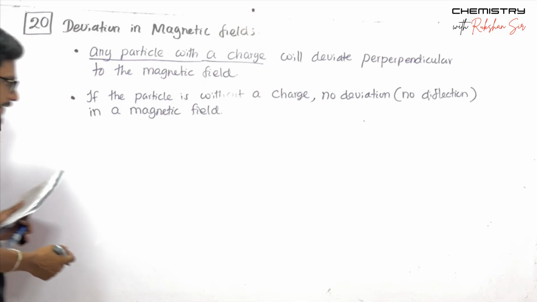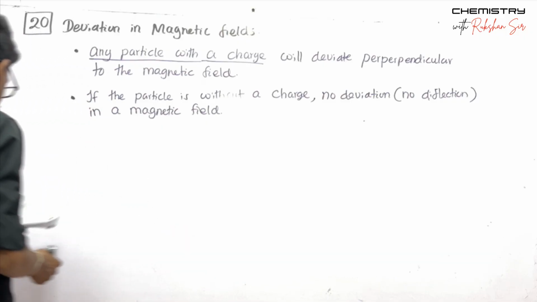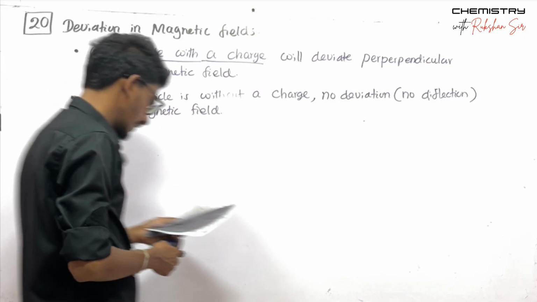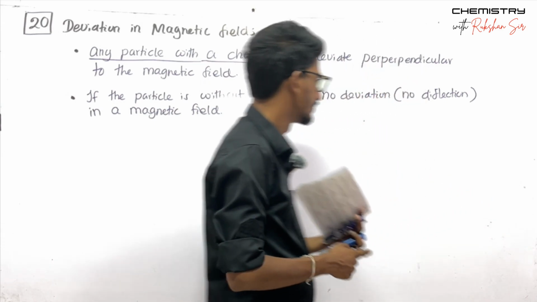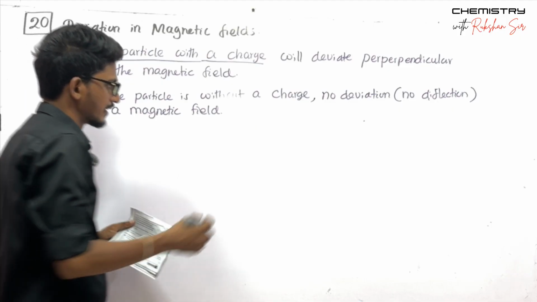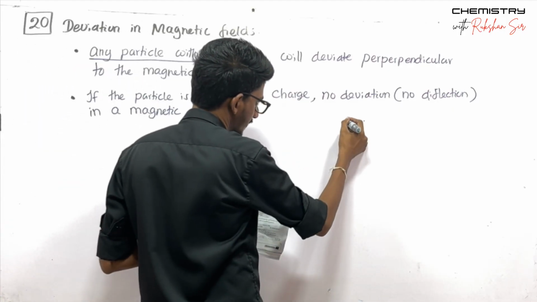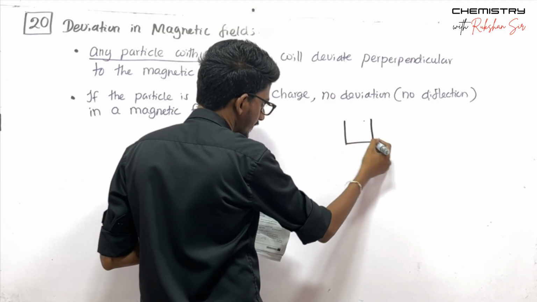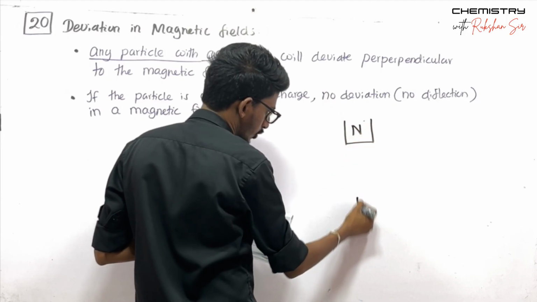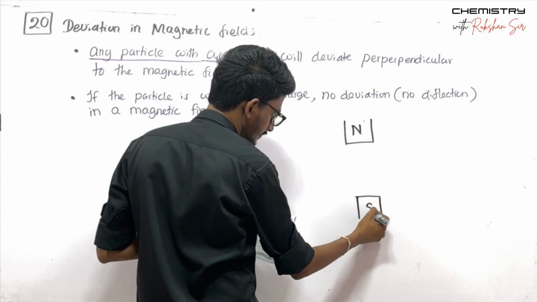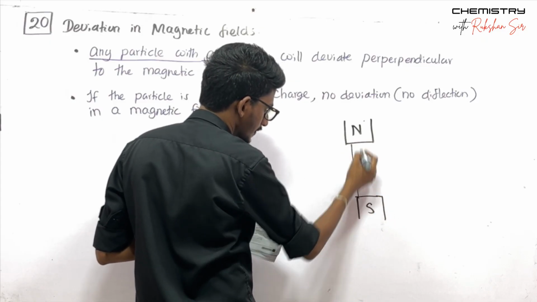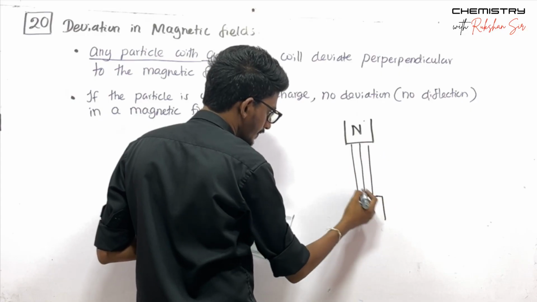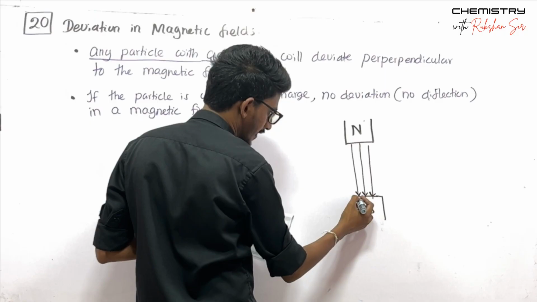So the things there are neutron, cathode rays, protons, and helium atoms. Right? You have to think of those things. Say you have the North Pole here and the South Pole here. This is magnetic field, right?